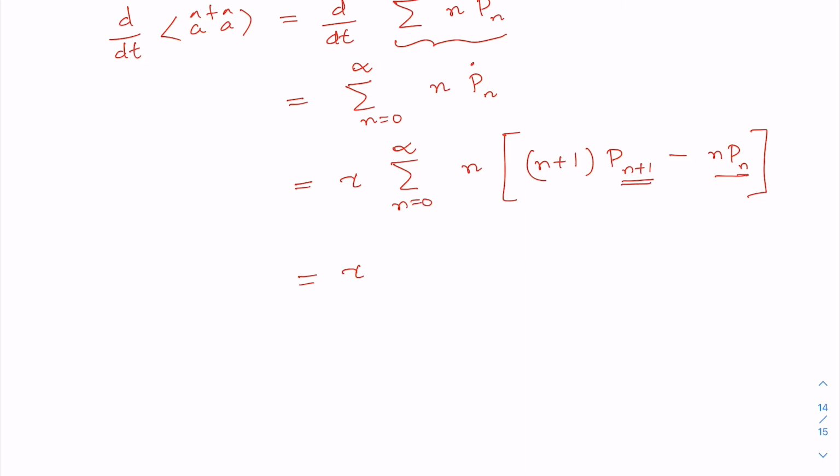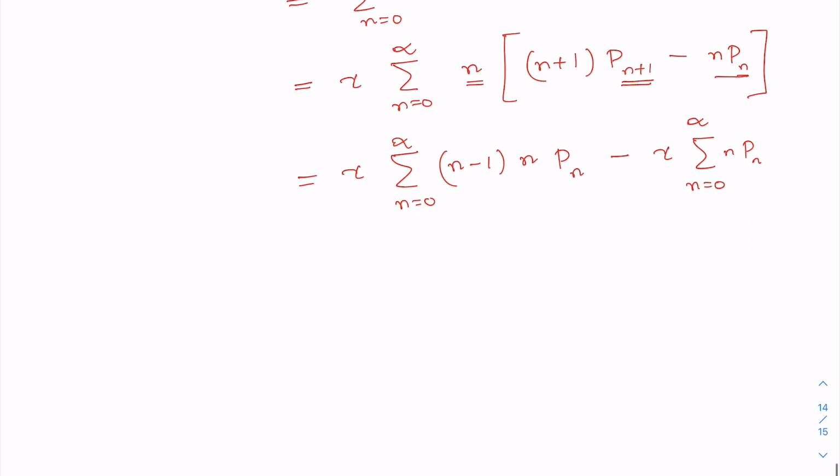I can make it n just by changing. Let us look at the first term. If I replace n by n minus 1 here, this would then be n, and here it would be Pn. This is the first term, and the second term I can keep as it is, that would be gamma n Pn, with n going from 0 to infinity.